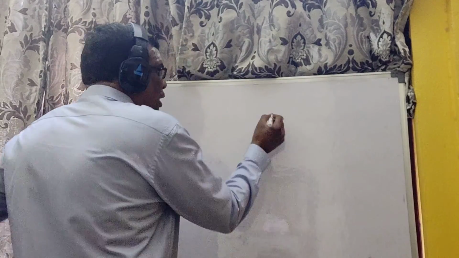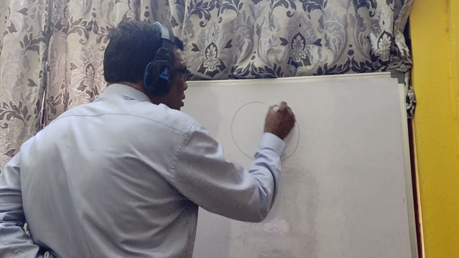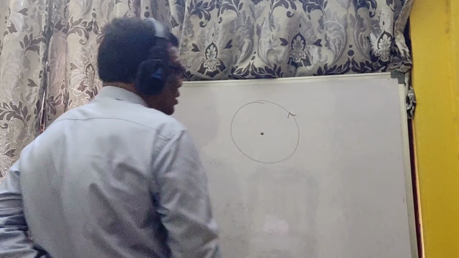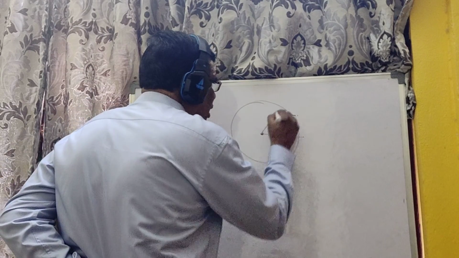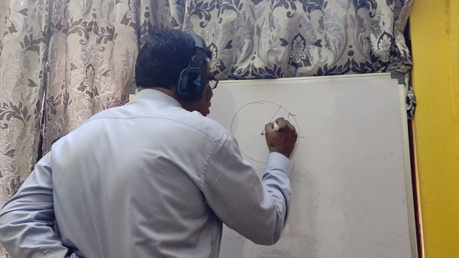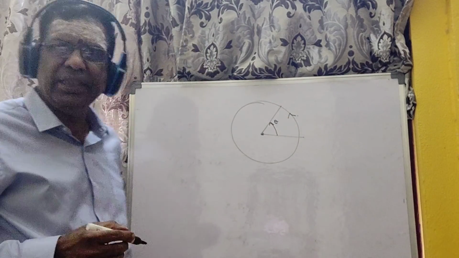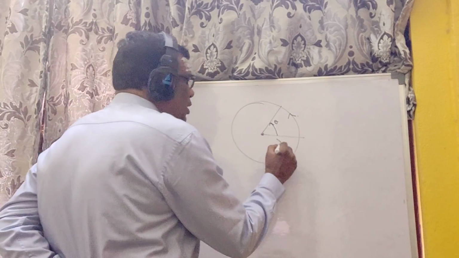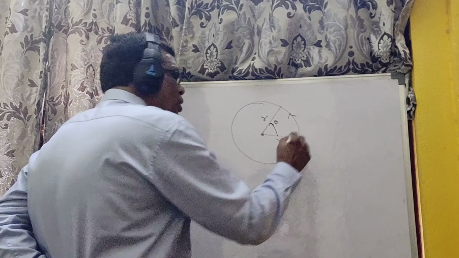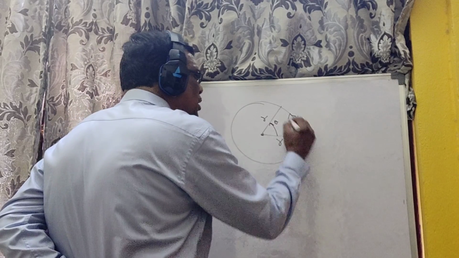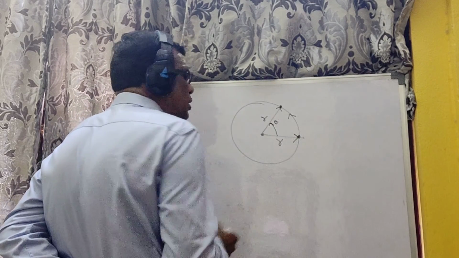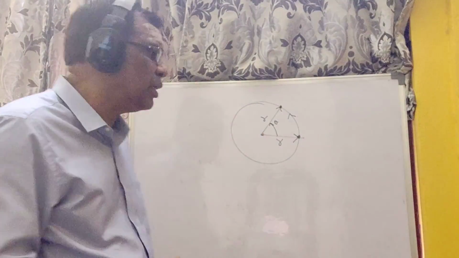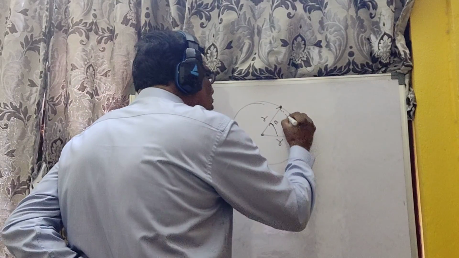Now, let me tell you that a particle is in circular motion. Okay? Now, if it undergoes an angular displacement theta, suppose I ask you, you know that this is R, this is R. This is the very original position. This is the final position. If you are asked to find out what is the displacement of the particle, what do you do?